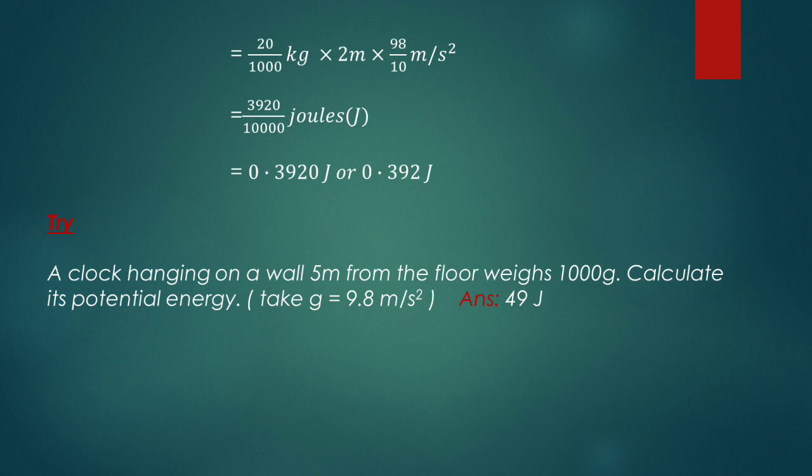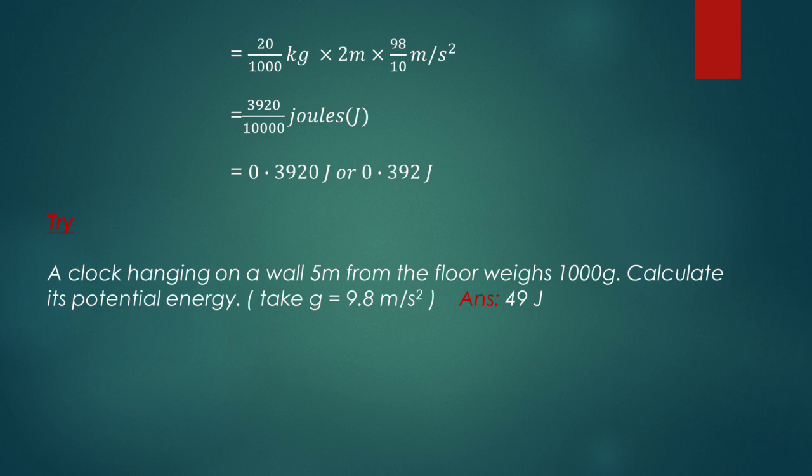Now it continues as 20 over 1000 kilograms. That is changing the decimal 0.020 kilograms into a fraction, times 2 meters times 98 out of 10. That was 9.8 earlier.